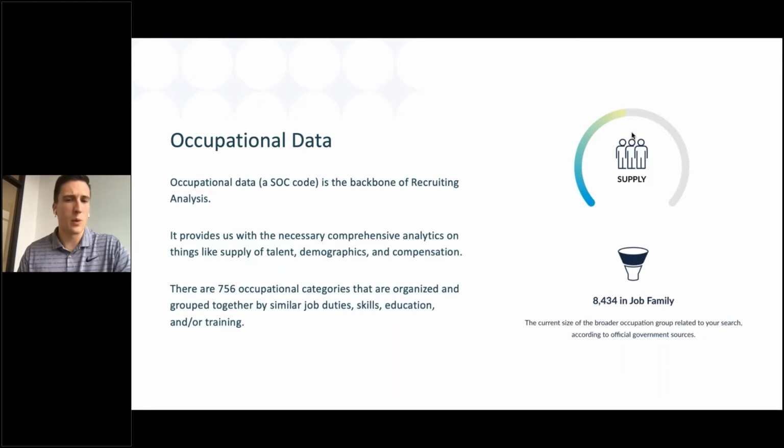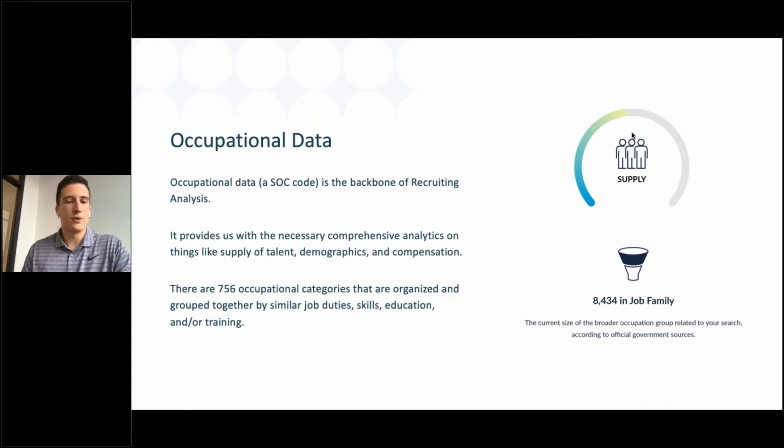Now, the only reason why we don't call it quits with that occupational data alone is there is a limitation: every single job you enter in has to fit within one of 756 occupational categories. So for example, if you're looking for an ICU nurse, the government will only get you as far as that registered nurse bucket amidst all of the other registered nurses available.